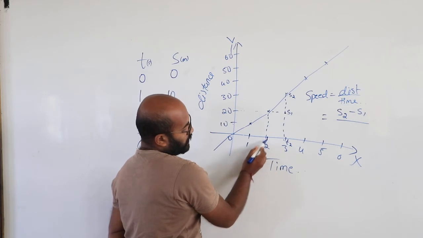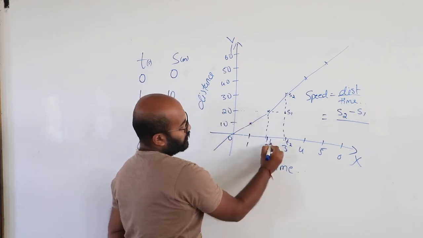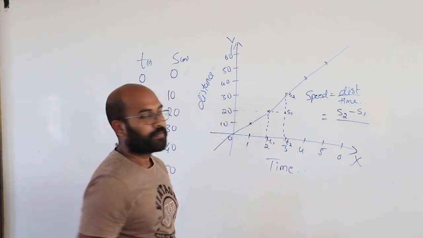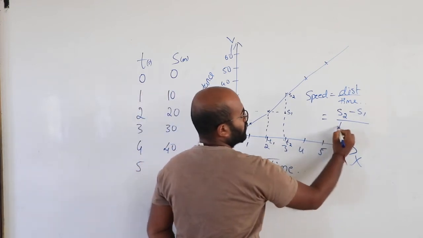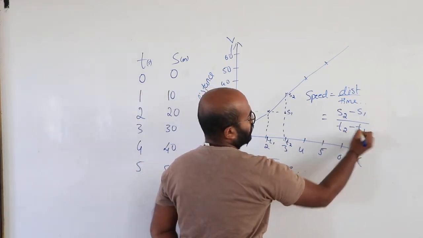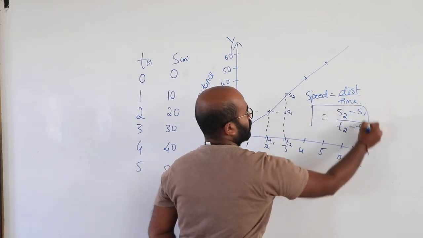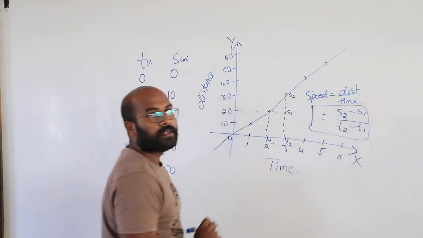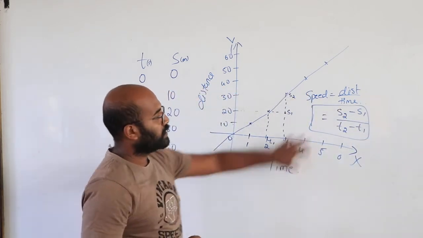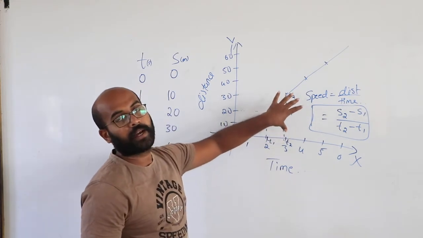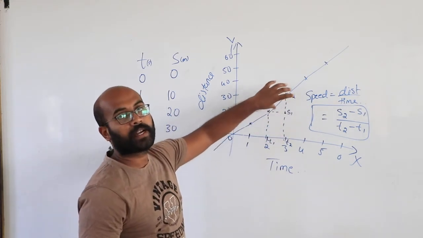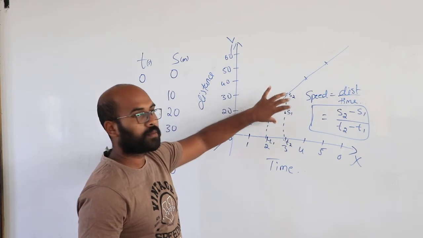At 2 seconds it has travelled 20, so this will be T1. So it is T2 minus T1. This is something very important.